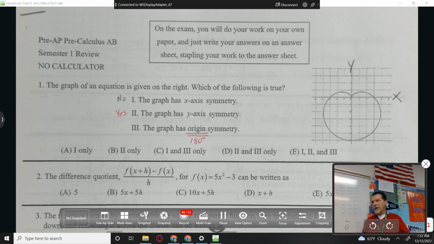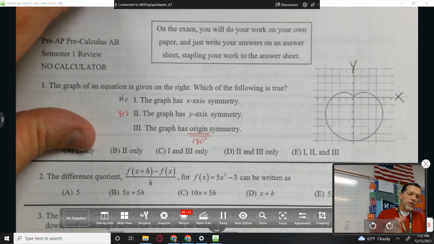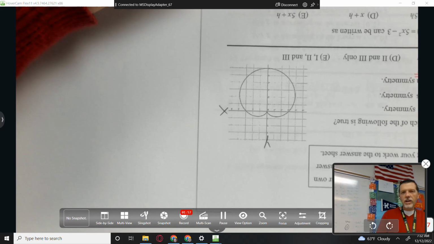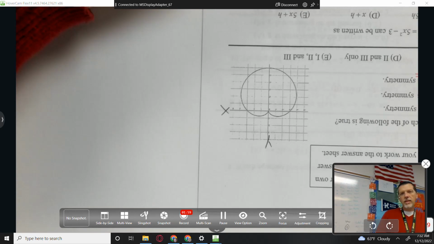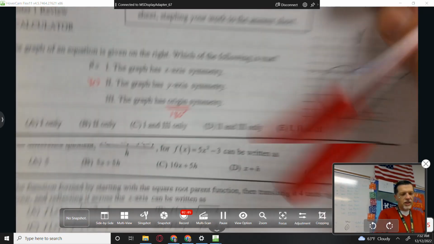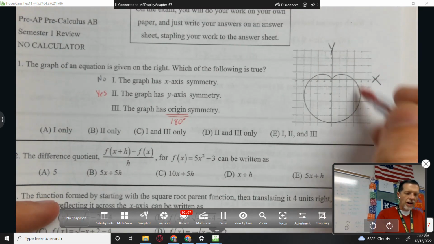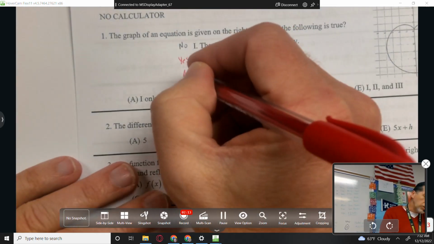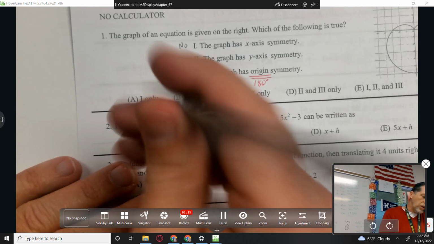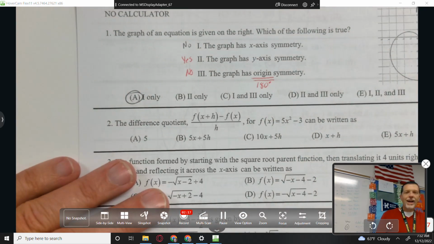Now rotating is not hard, but remembering what it looked like, the old one versus the new one. So if I rotate it 180 degrees, is that the same picture that I had before I rotated? No, because it used to look, right, this was like a downward heart. That one's like an upside down heart. So no to the rotation, so 1 only. Y-axis symmetry.